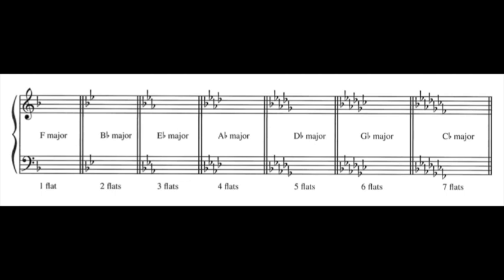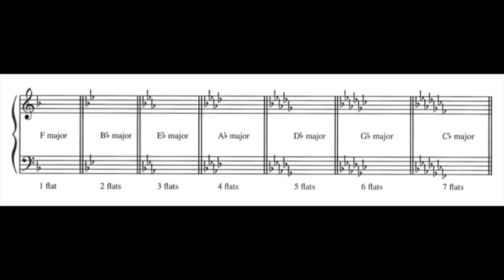There are also 7 key signatures using flats. Except for the key of F major, the name of the major key is the same as the name of the next to last flat. So we can see here F major, like they said, this trick doesn't work there. You just have to remember that F major has 1 flat. But if we look at B flat major, you go to the second to last flat, which is a B flat.